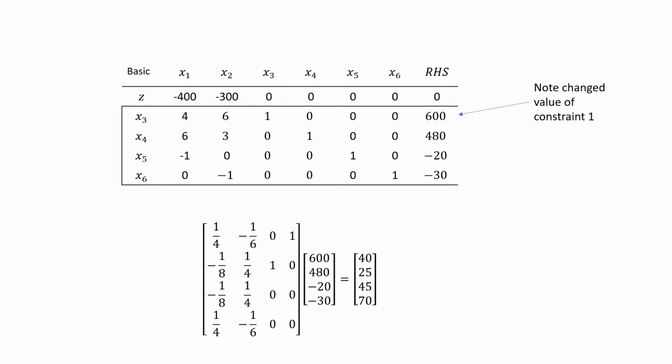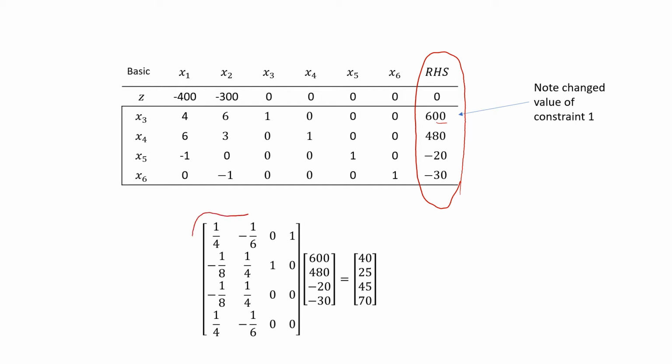So here is our initial tableau. Our initial tableau with the new problem has this as the right-hand side. In the initial problem, that was a 720, now it's a 600. So that's changed.